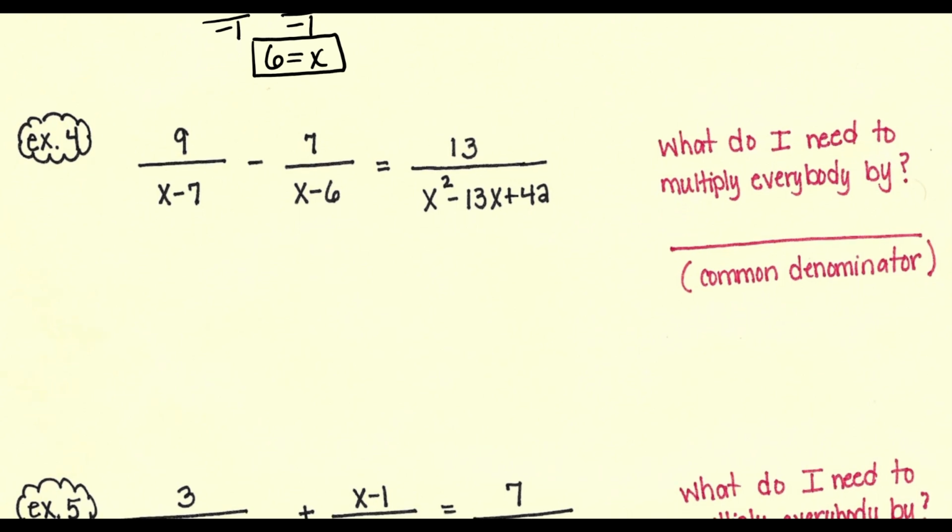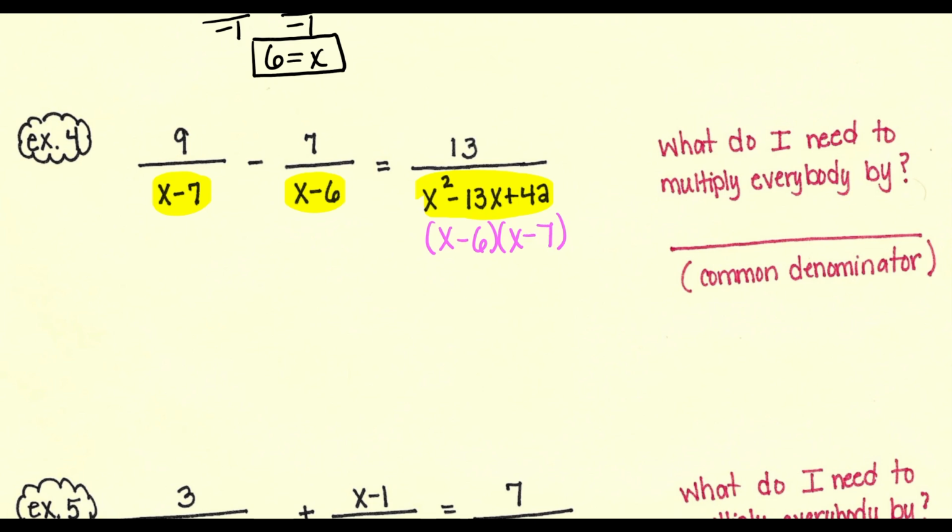All right, let's look at example 4. I want to look at my denominators. I have an x minus 7, I have an x minus 6, and then I have this trinomial of x squared minus 13x plus 42. So I need to see what I actually have so that I know what denominator to pick. So we need to factor that trinomial: what multiplies to get x squared, what multiplies to get 42, but adds to get negative 13.